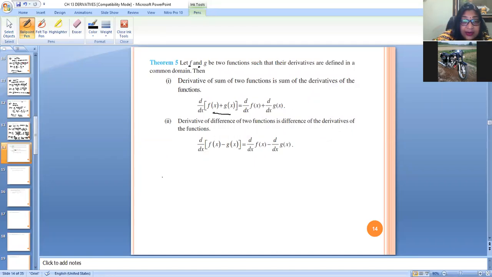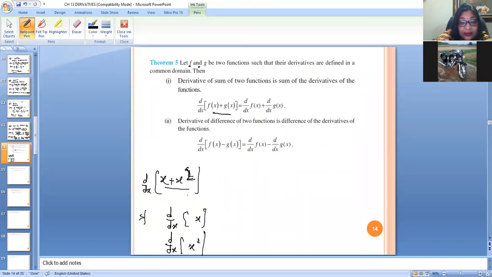For example, we have to find the derivative of x plus x square. Whether we take the derivative in one bracket, x plus x square, or we take first the derivative of x and then the derivative of x square, these both will be the same, right?